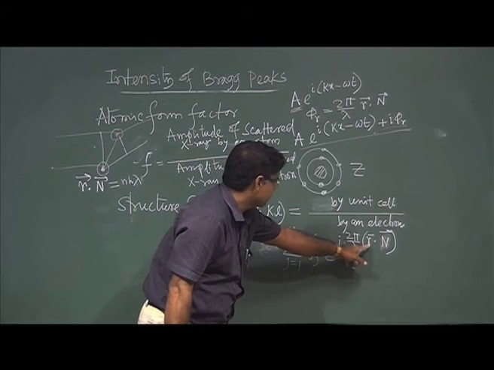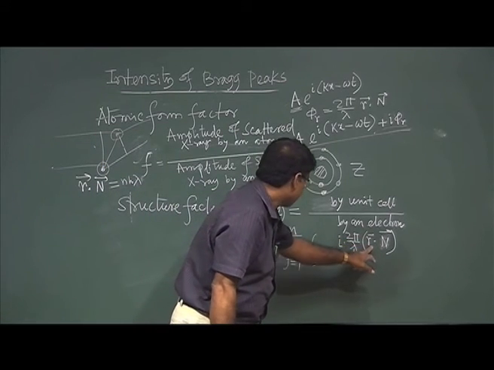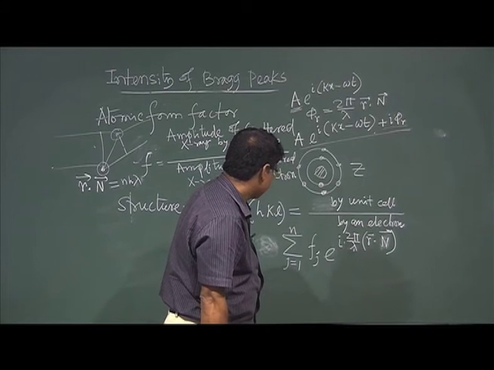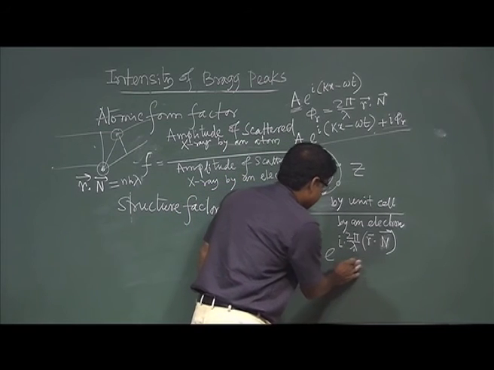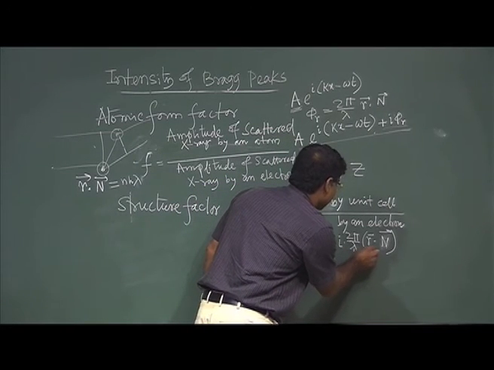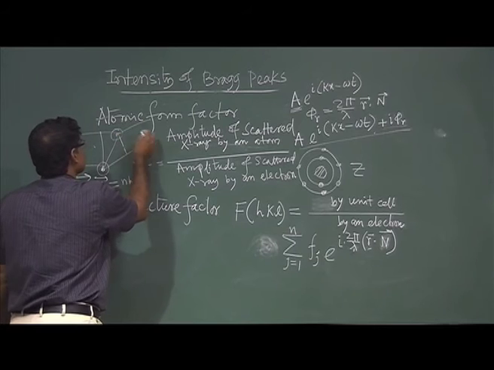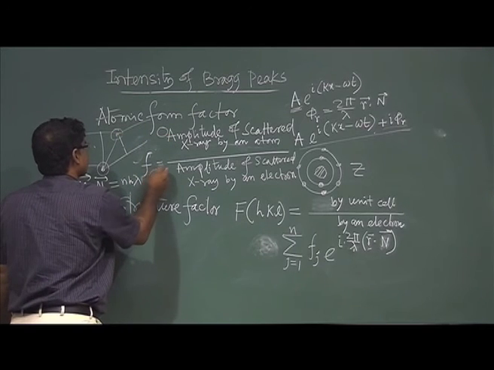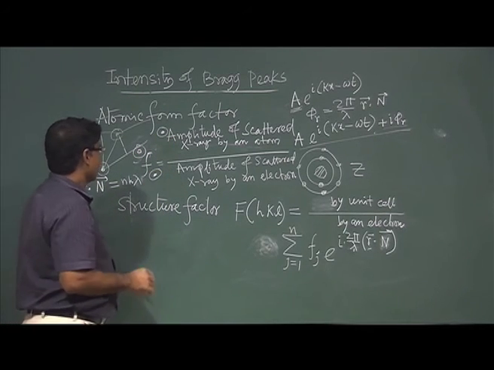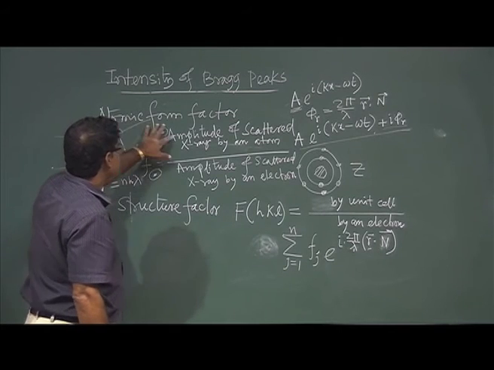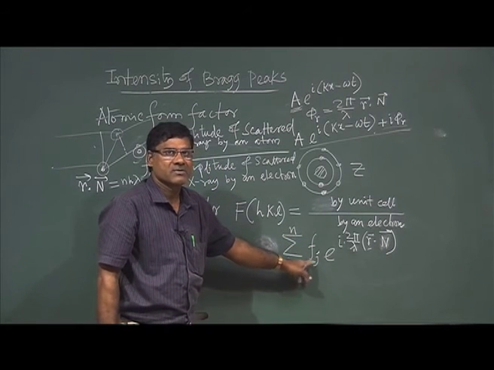Now this R, it is for a particular lattice, and it will depend on the distribution of the atoms in the crystal. If the same types of atom, this factor Fj will be the same for all.